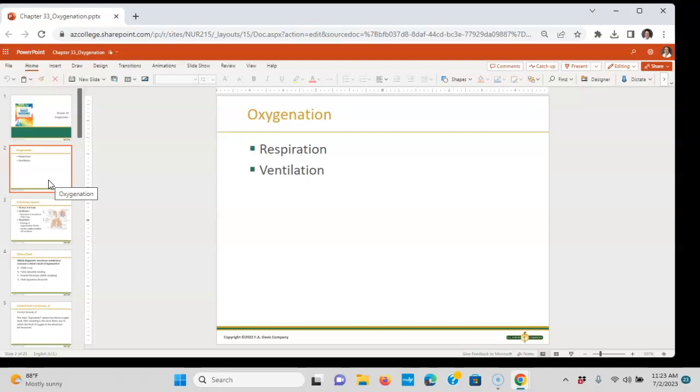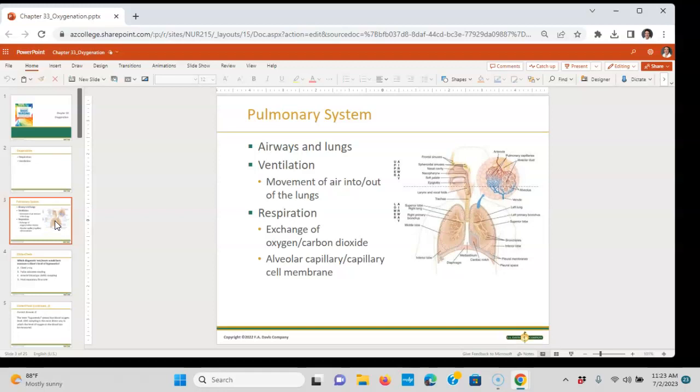So oxygenation requires respiration and ventilation. Respiration in, ventilation of the lungs, and then expiration on the way out. The pulmonary system is made up of the airway, the lungs, ventilation, movement of air in and out of the lungs, and respiration, the exchange of carbon dioxide and oxygen at the alveolar capillary cell membrane.